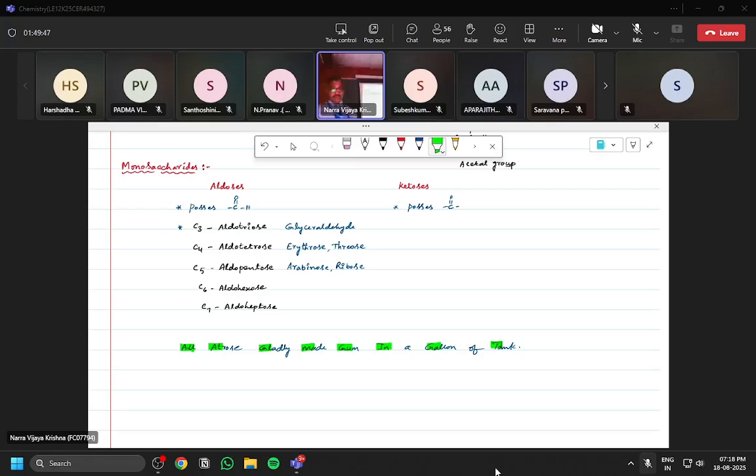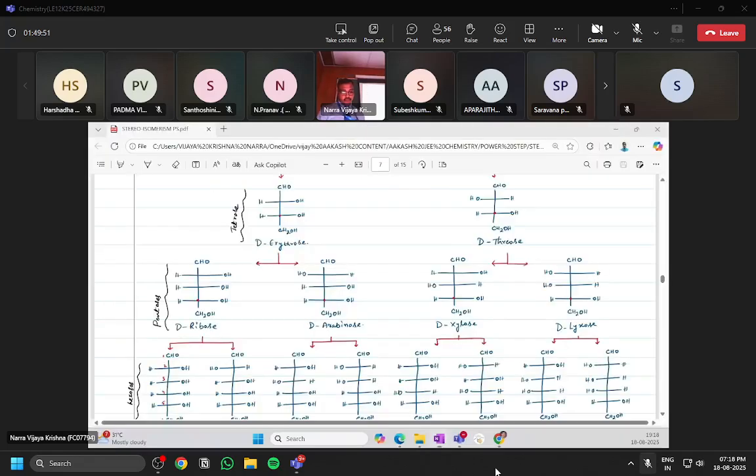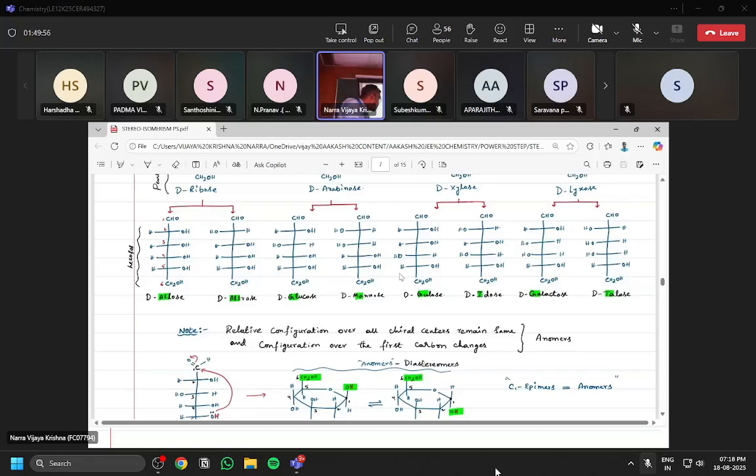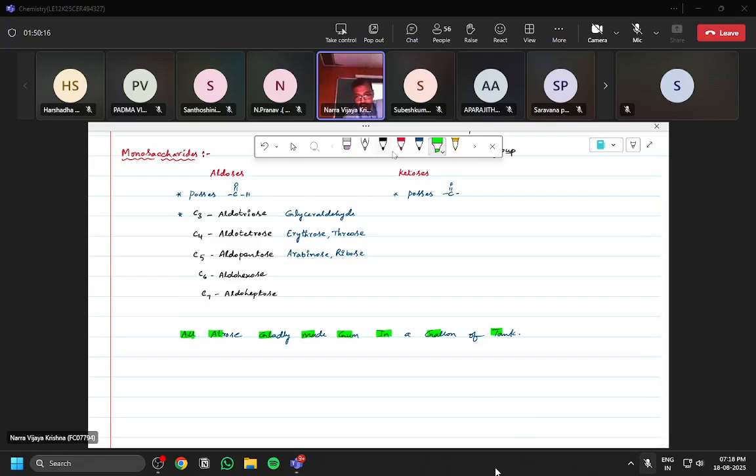Again, I will show that. Observe: all altrose gladly made gum in gallon of tank. Allose, altrose, glucose, mannose, gulose, idose, galactose, talose. All these are hexoses. I'm taking only one example. Can I take glucose as an example?